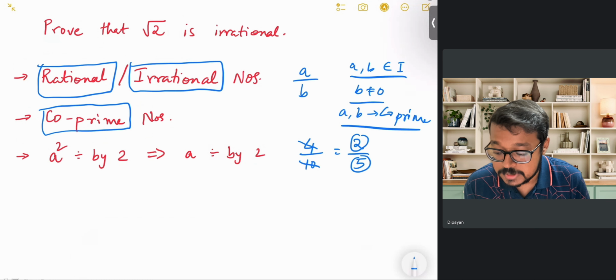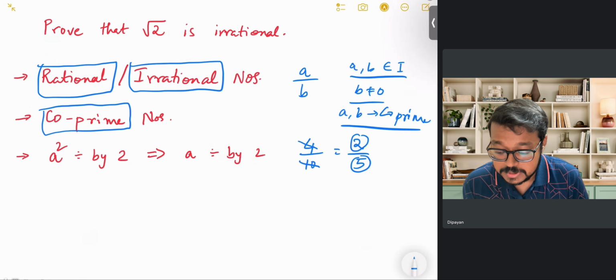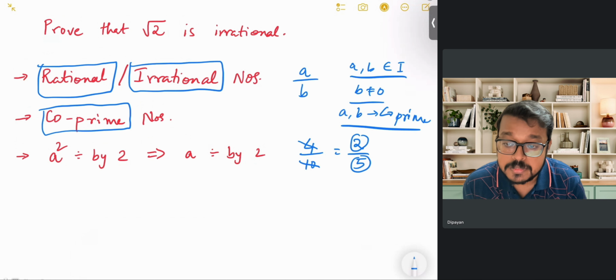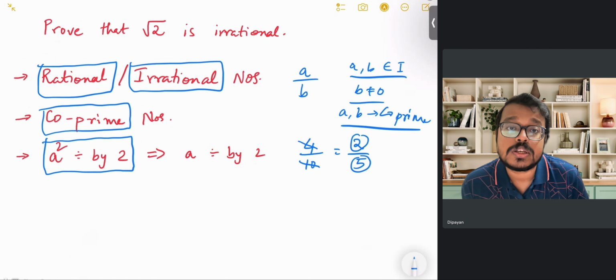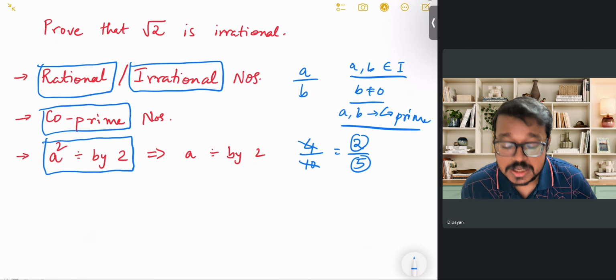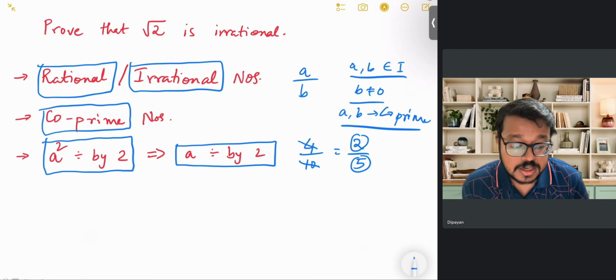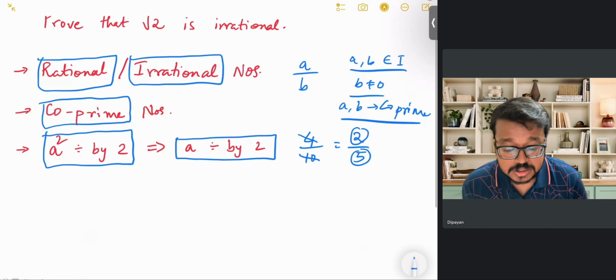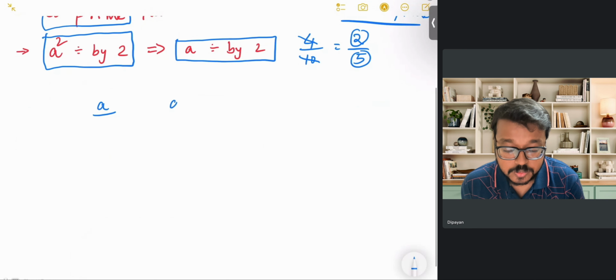Then the other concept that is important in the proof is, one statement claims that if I have a number a and if a square is divisible by 2, that means when you divide a square by 2, there is no remainder, it implies that the number a is also divisible by 2. Now let's look at some examples. Let's take a and its square, which is a square.